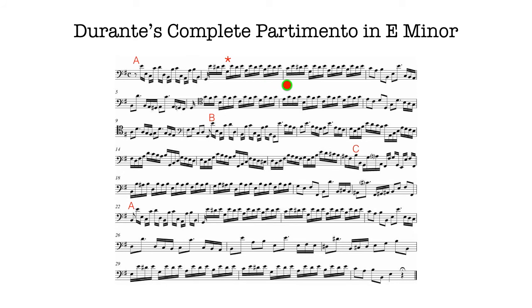So it's a deceptive or evaded cadence. Instead of going 3, 4, 5, 1, it goes 3, 4, 5, 6. It does that again. That's the 2nd asterisk. And then it goes 6, 4, 5, 1, and completes the cadence.